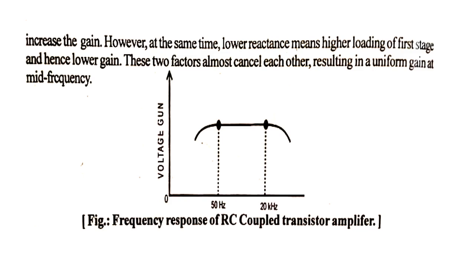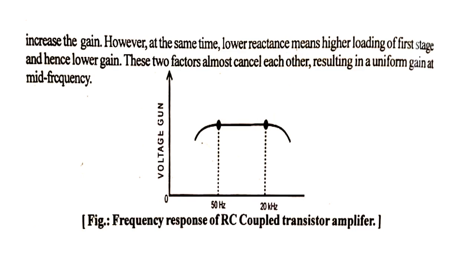Moreover, CE cannot shunt the emitter resistance RE effectively because of its large reactance at low frequencies. These two factors cause a falling of voltage gain at low frequencies.